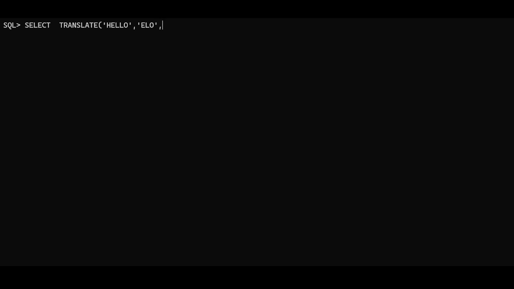The third argument, I am taking something like ABC, from dual. Now you see, you have the actual string to be used in the function. You want to do some manipulations on the actual string, which is hello, right? The second argument I am passing is what? ELO, right?